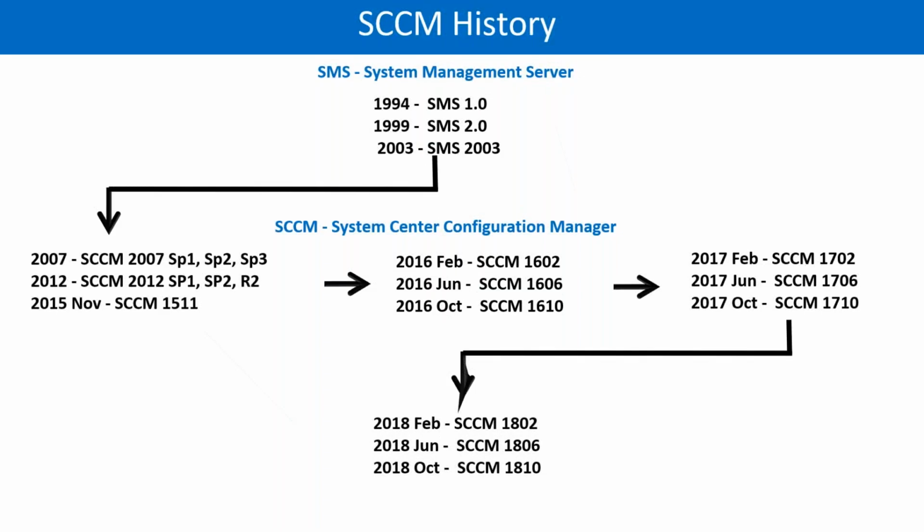So this product has been in the market for the past 25 years, guys. 25 years. So it's a matured product, and it's been deployed in thousands and thousands of companies, and it's managing computers, laptops, desktops, servers, Linux devices, and other operating systems as well.